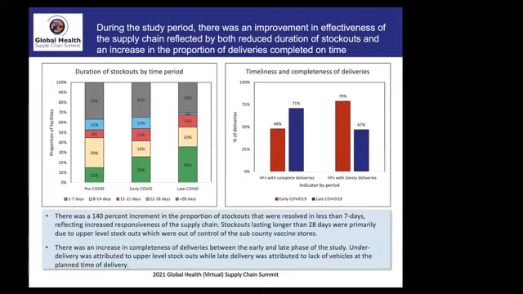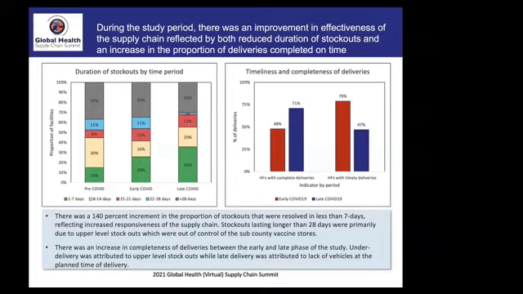And our SI unit, or what we were targeting, was the increment in the number of facilities that put up an order and received their order fulfillment within 1 to 7 days. That we did see increase from 15% to 36%. By the end of the pilot, we also saw a reduction in the number of facilities that had stockouts of between 22 to 28 days, from 11% to 2%.